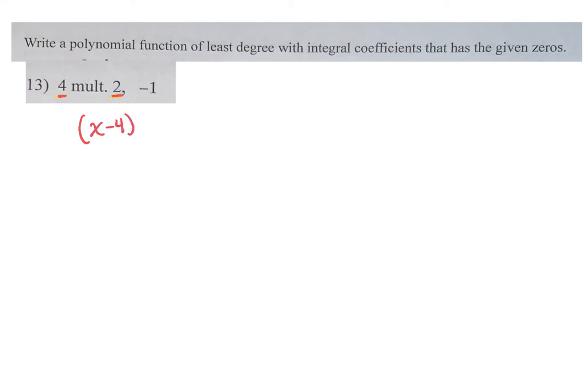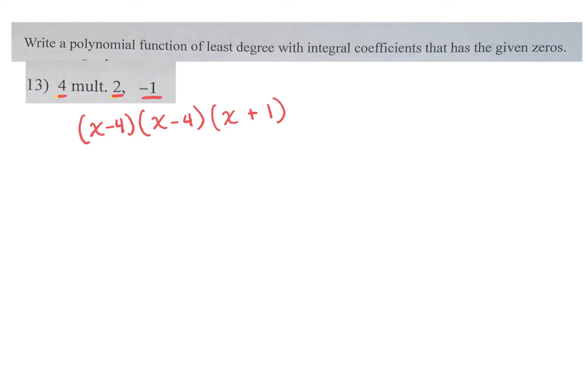And for this one, I do it twice because it said multiplicity of 2. x minus 4, x minus 4. Okay? And then I also need to account for this zero, -1. So I say x minus a -1. What does that change to? Yeah, so I'm going to change that minus a negative to a +1. And so those are my binomials here.